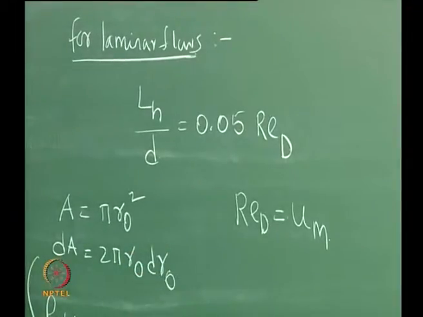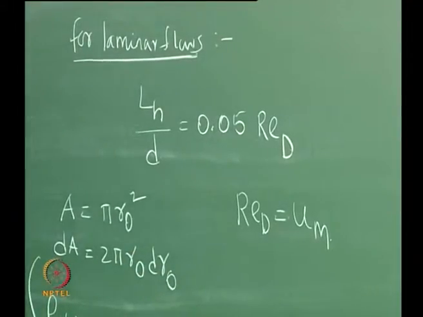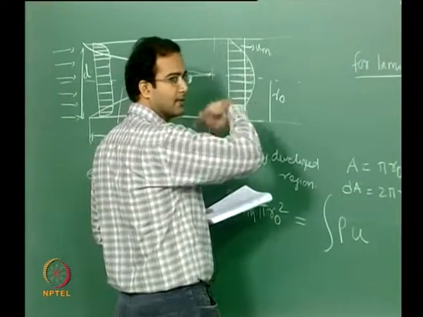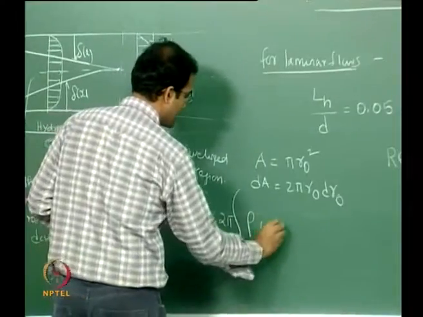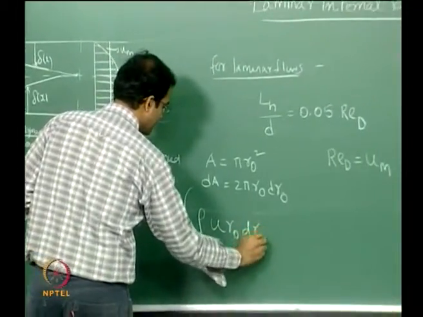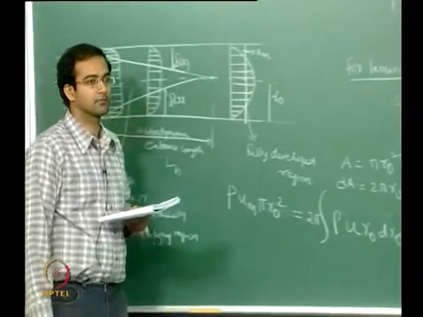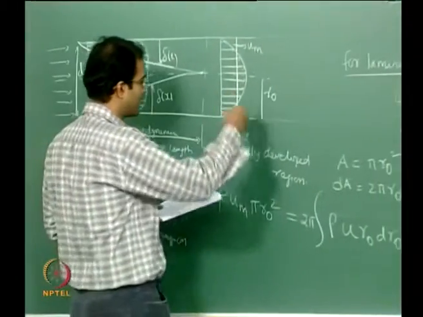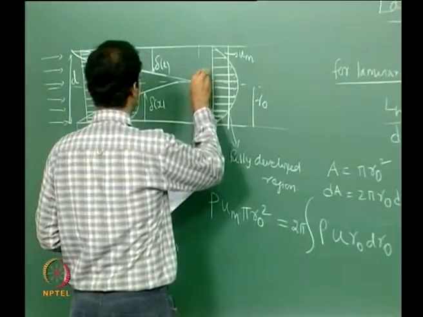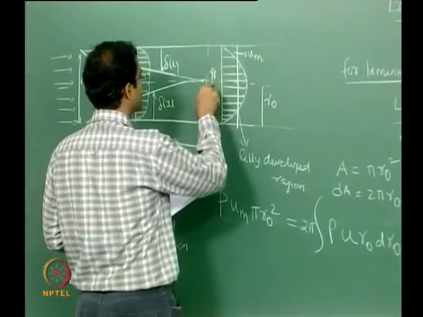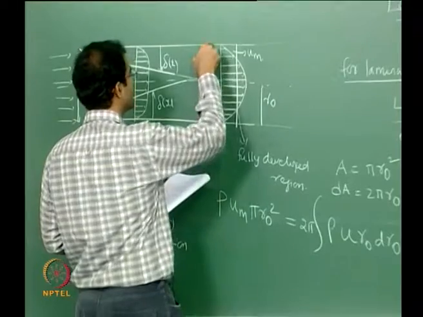Okay, so I can integrate this over the entire cross sectional area. Okay, so this will be 2 pi r dr. Correct? So I have to integrate from, so if I take the coordinate from the center, my radius r from the center, this is 0 and this is r naught.